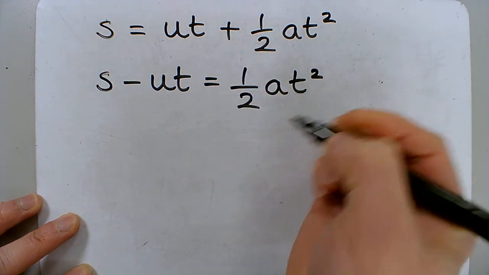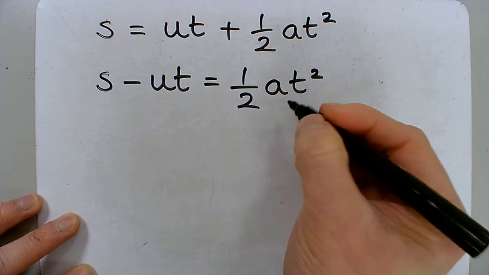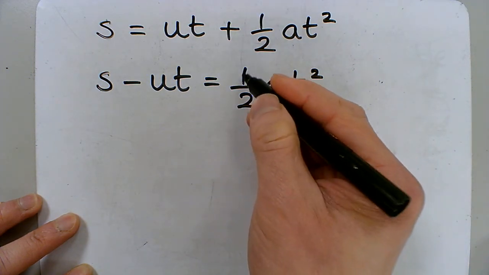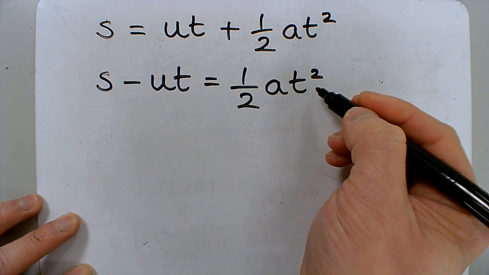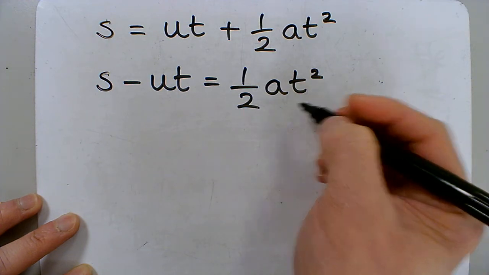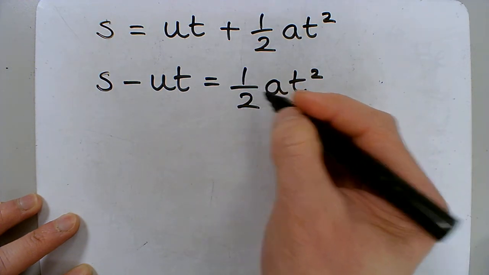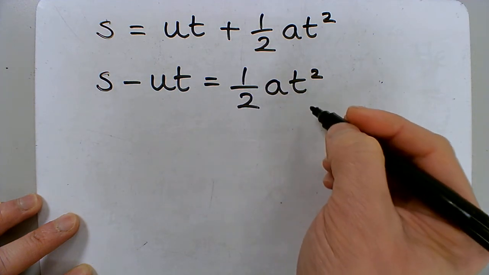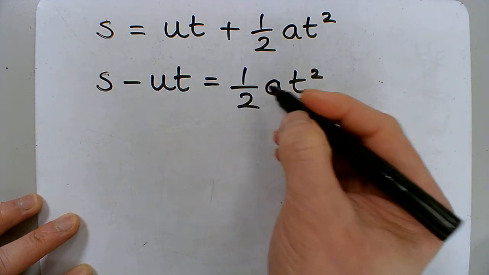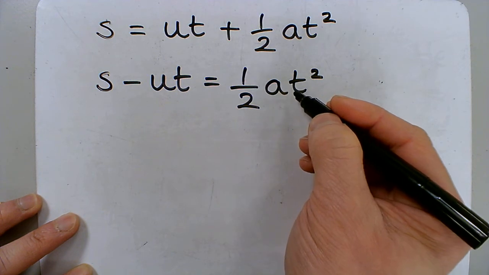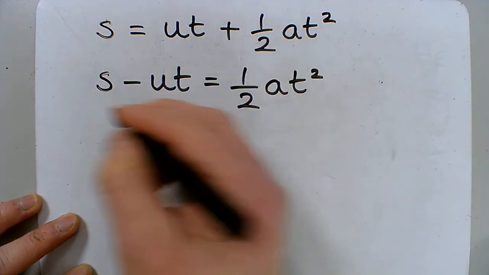The next thing we need to do is get A on its own by getting rid of the half and the t squared. The easiest way to do that is to divide both by half and t squared at the same time. Remember, the opposite of multiplying is dividing, and whatever we do on one side we do to the other.